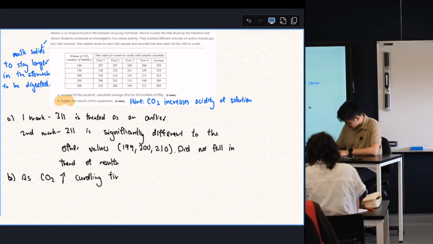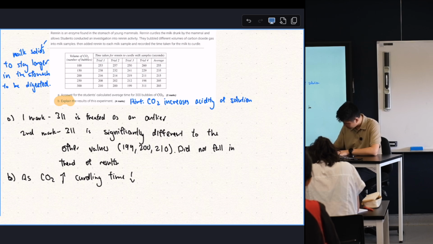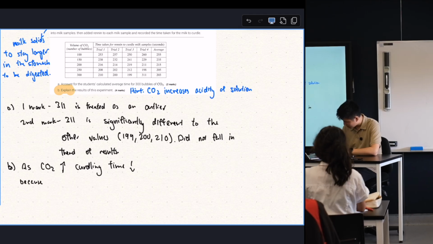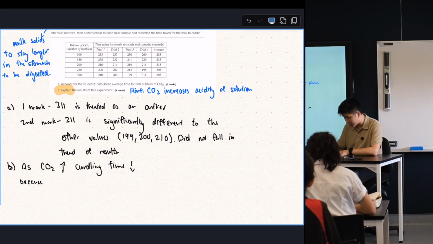as CO2 increases, curdling time decreases. And then I'm going to say why.